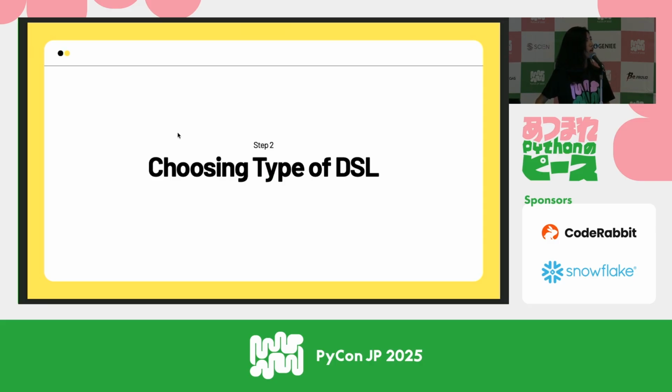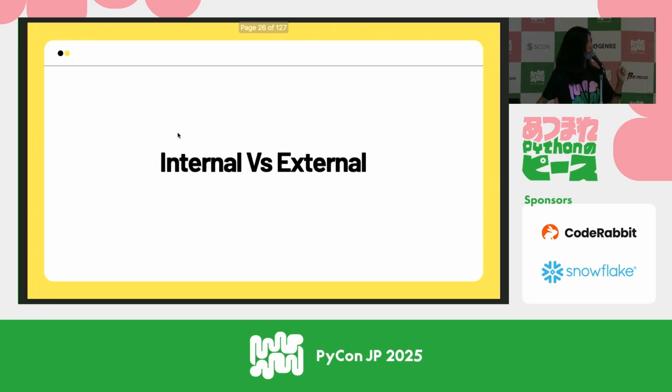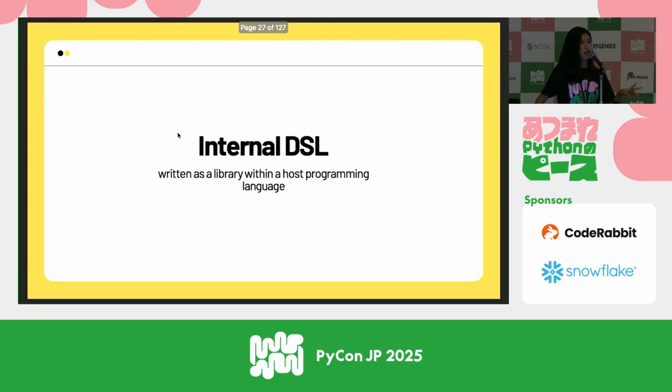There are like 2 that you could consider, internal and external. Internal is basically like a library that you import in your Python. You install them and then you import them. Basically, they follow your Python syntax.